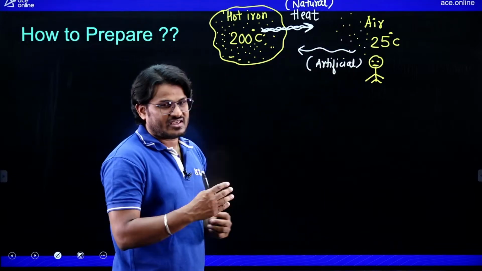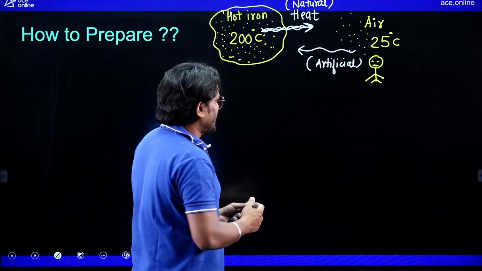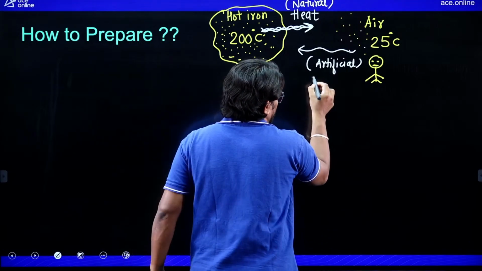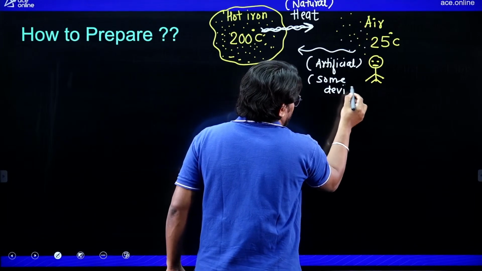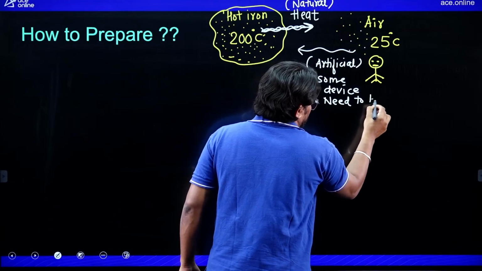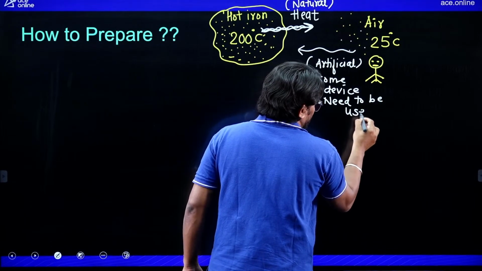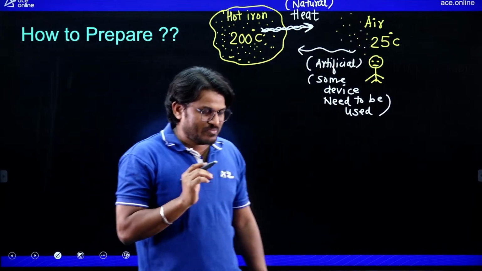But it doesn't mean it can't go from lower to higher. Of course it will, but that is artificial. Some device needs to be used. And this is natural.